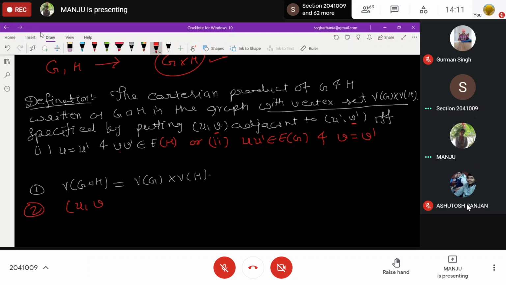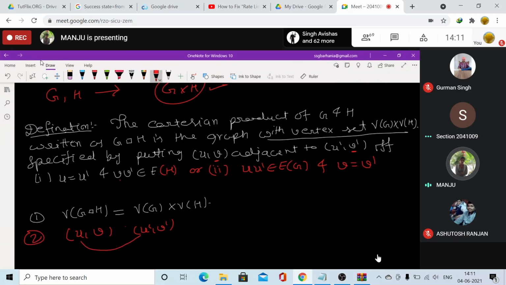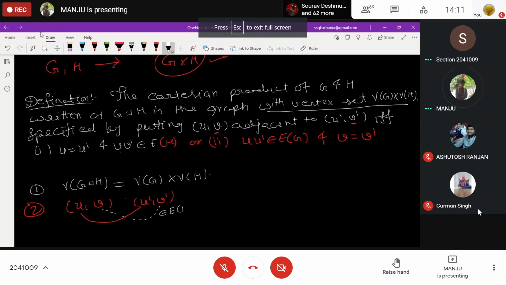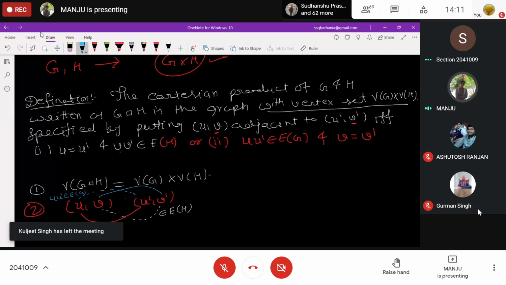UV is adjacent to U dash V dash if either one of the conditions holds: if U is equal to U dash and V V dash belongs to the edge set of H, or second condition, V is equal to V dash and U U dash belongs to the edge set of G. Is the definition clear or not clear?